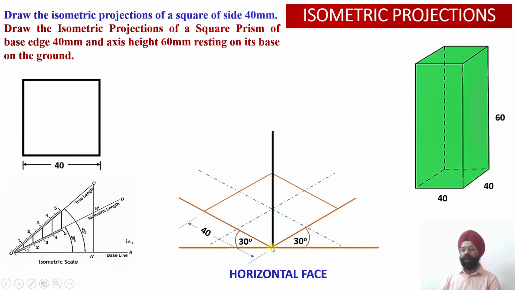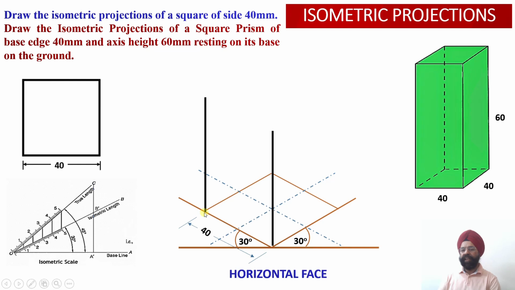So here you see, from this point, and this point. These are the three vertical edges of the square prism that will be visible to the observer. From the first edge, that is this corner, we have drawn the isometric height of 60 millimeters.